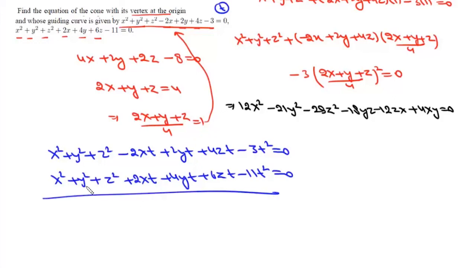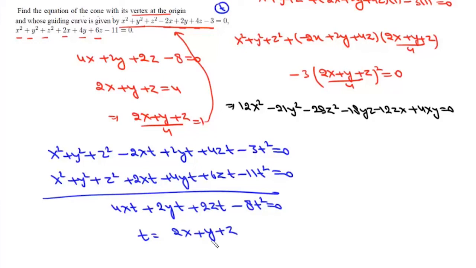Now again we'll subtract this first from second, so we'll get 4xt plus 2yt plus 2zt minus 8t square equals 0. So from here we'll get this t as (2x plus y plus z)/4, and if we put the value of t here, we'll end up getting this same equation. So that is the second method of solving such questions.